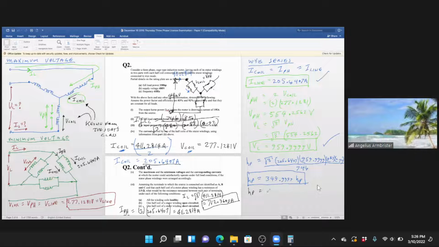Power is equal to root 3 times 712.3603 times the voltage, which is 277.1281, times the power factor, times the efficiency, divided by 746.